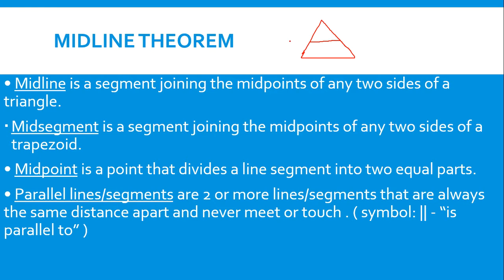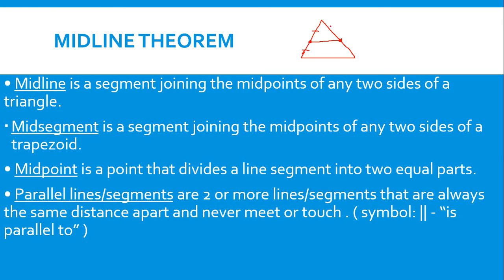If the midline is created in the triangle, of course, it also creates midpoints, on this side and on this side. And if there's a midpoint, it divides the sides of the triangle into two equal parts. For example, on the left side of the triangle, if this is the midpoint, it divides this into two equal parts.